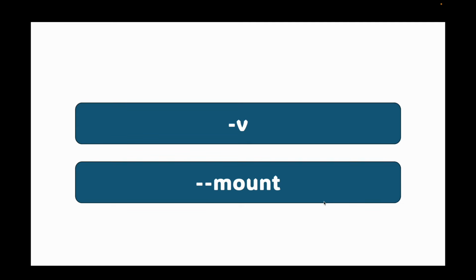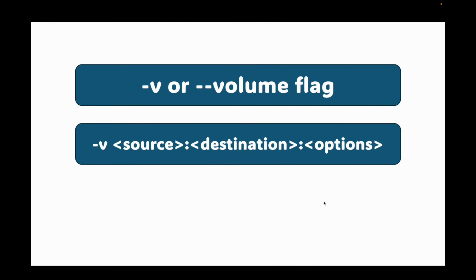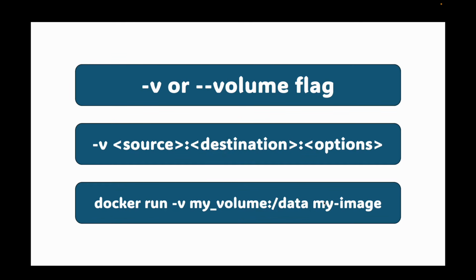Let's start with the one you will most often see in examples, the -v or --volume flag. It's very concise. The basic syntax is -v source:destination:options. For a named volume, if you want to mount a volume called my_volume to the /data directory inside the container, we would run this command.